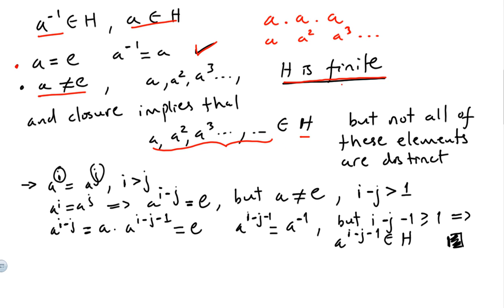So since H is finite, and closure guarantees that all these elements are in H, we will get to a point where a to the power of something here will be equal to a to the power of something here. We don't know which power here will be equal to which power here.